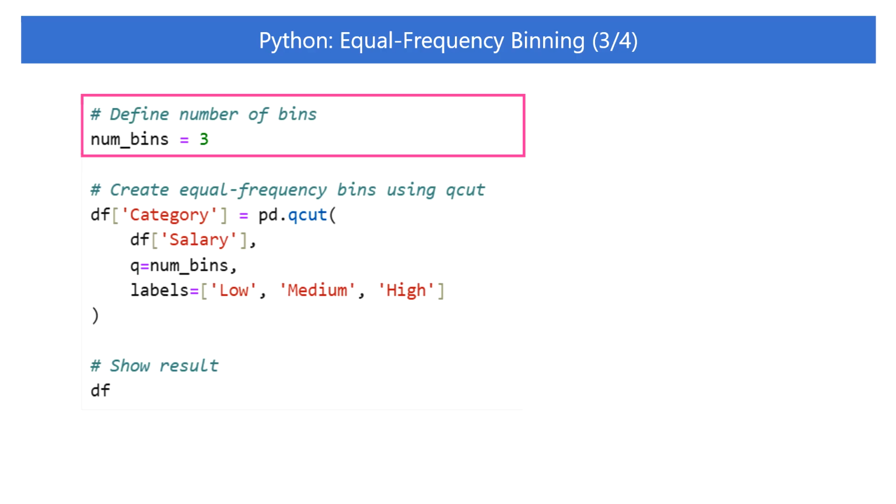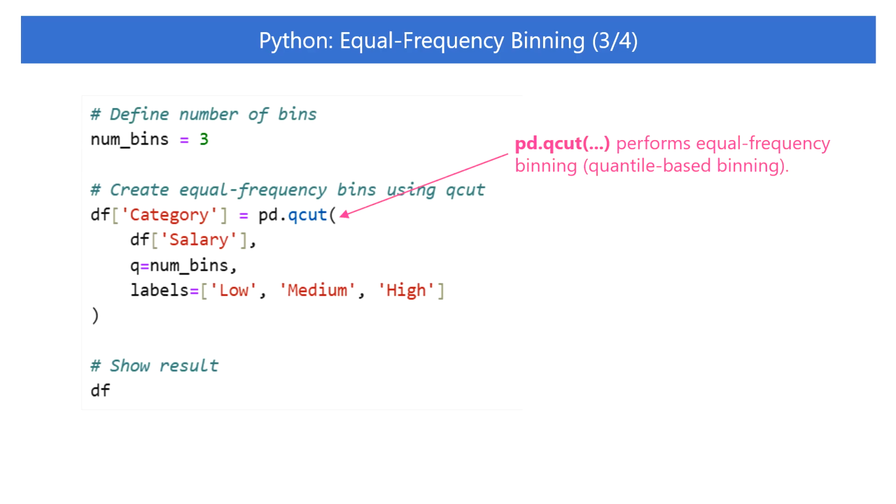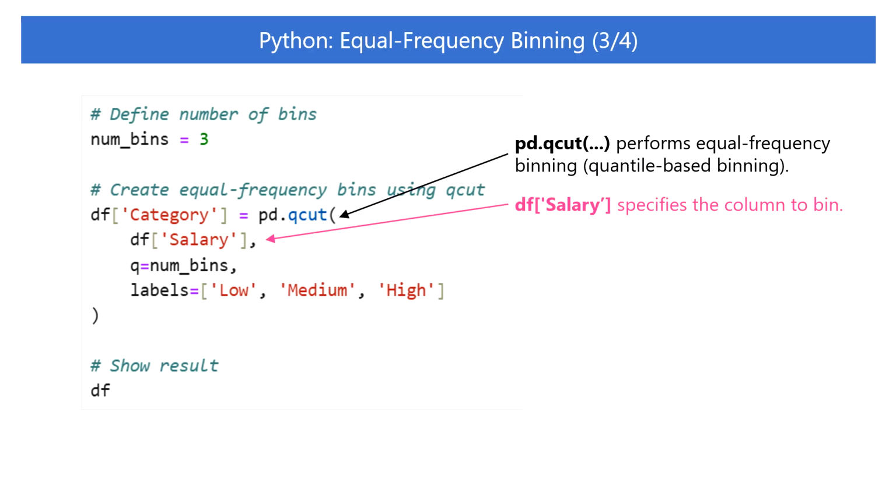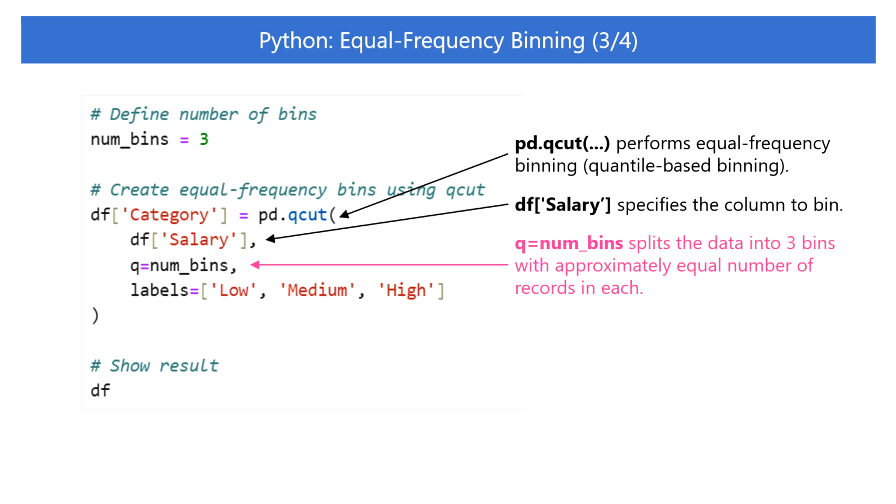First, set the number of bins we want to divide the salaries into. In this case, 3 categories: low, medium, and high. Let's go on to the next block. The pandas qcut function performs equal frequency binning. Next, specify the column to bin, salary. The next argument, q, is set to num_bins so that it splits the data into 3 bins with approximately equal number of records in each.